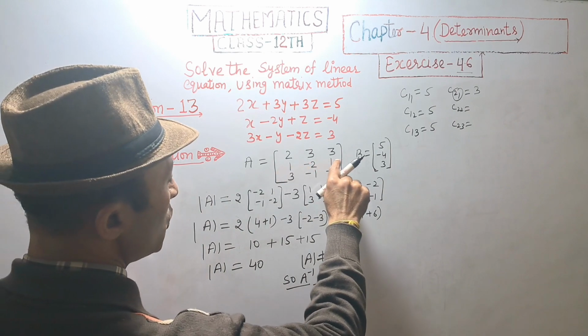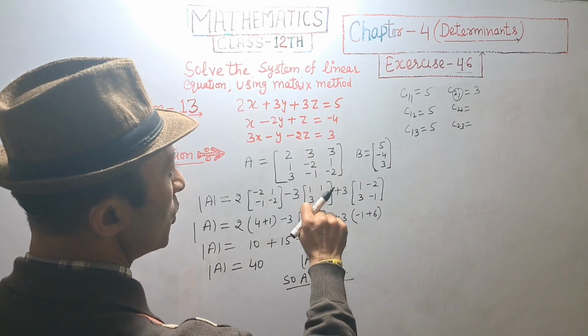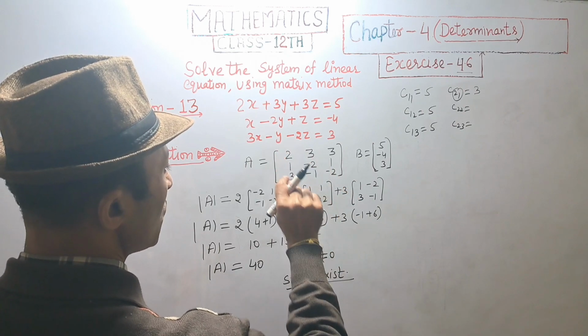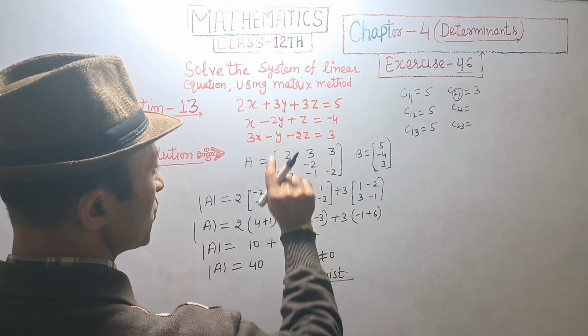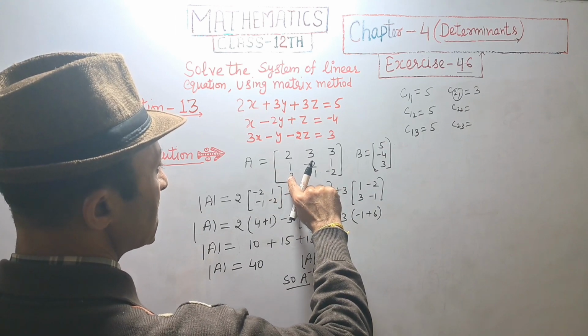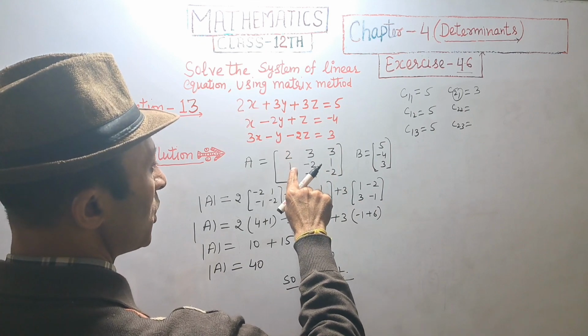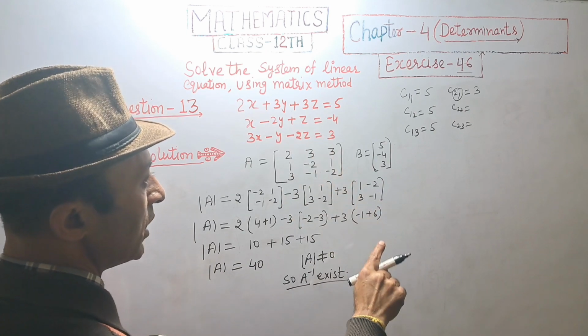And C22: 2 2s are minus 4, minus 3 3s are 9, minus 9 minus 4, that is minus 13.